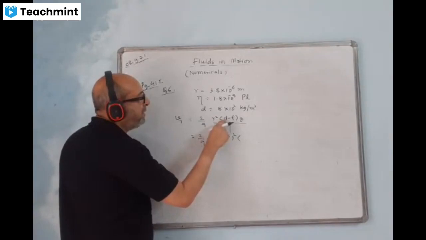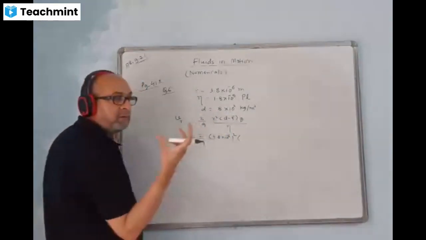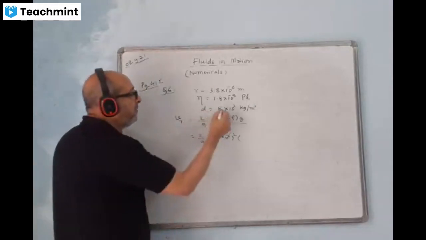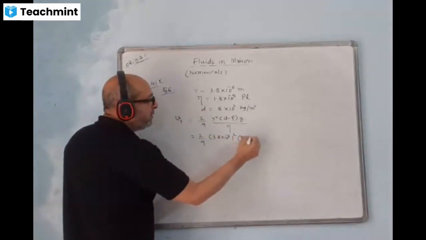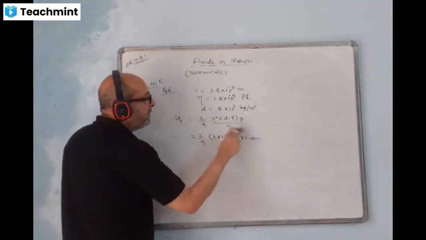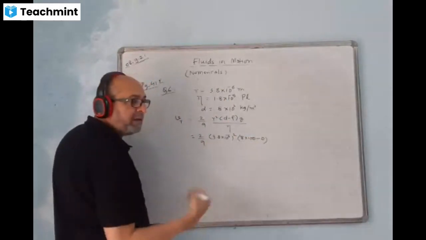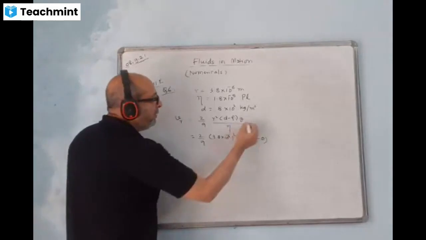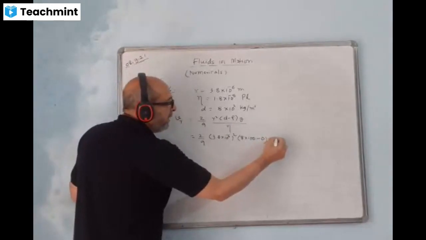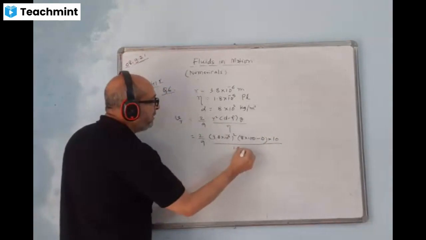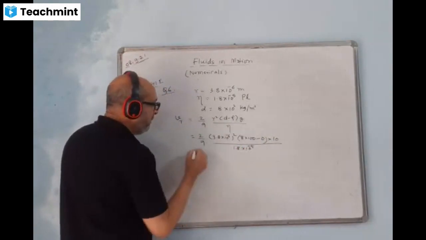D stands for density of the object which is falling down. That is oil, density of oil is 8 into 10 square. And density of the medium in which it is falling, that is air; they are asking to neglect the density of air. Take it 0. And the value of g is 10. Eta value is given to us, 1.8 into 10 to the power minus 5.